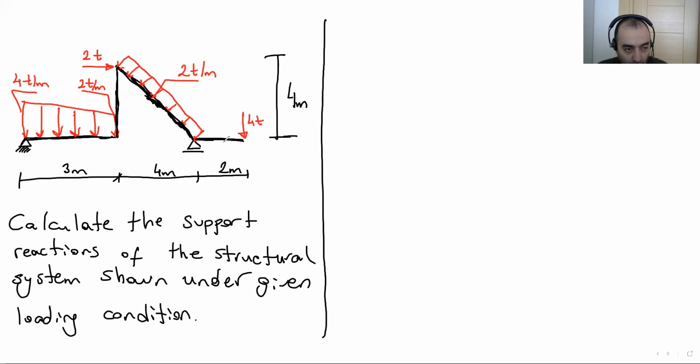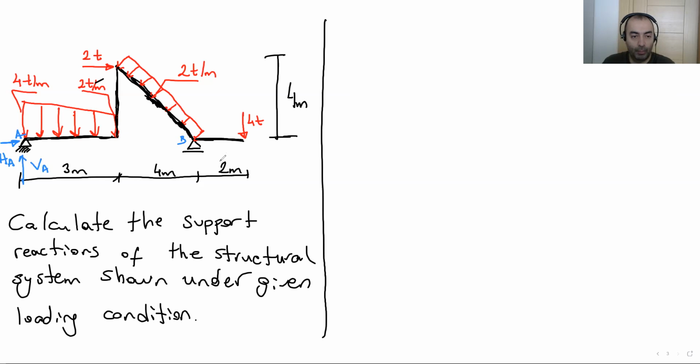How many unknowns do we have at the left? 2, yes. This is a pin support, so we have one vertical, one horizontal. If this is A, and this is B, vertical A, horizontal A.